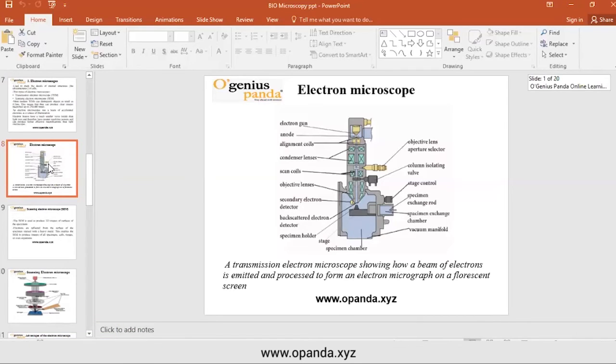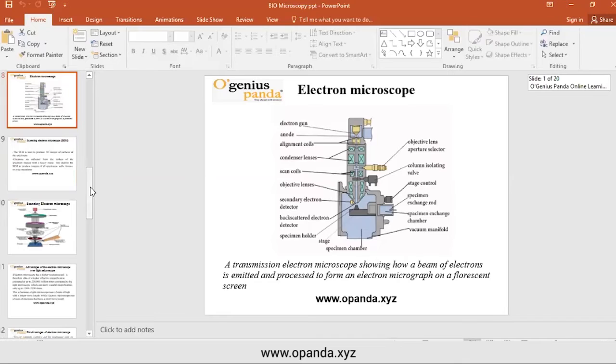In the transmission electron microscope, a beam of electrons is emitted and processed to form an electron micrograph on a fluorescent screen. You see now the parts of an electron microscope. But as high school students, you are not going far with electron microscopes, except microscopes that are easily within your reach.